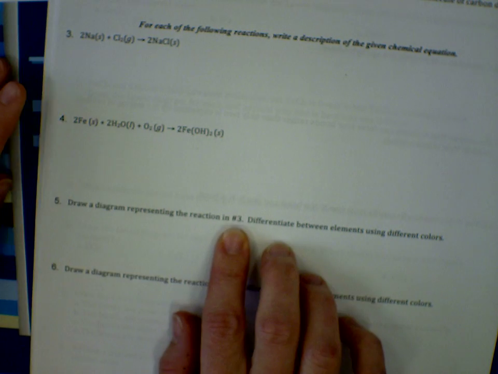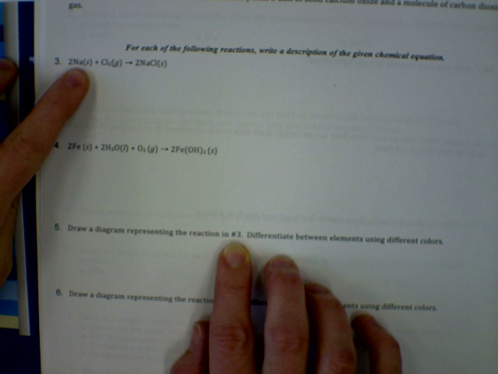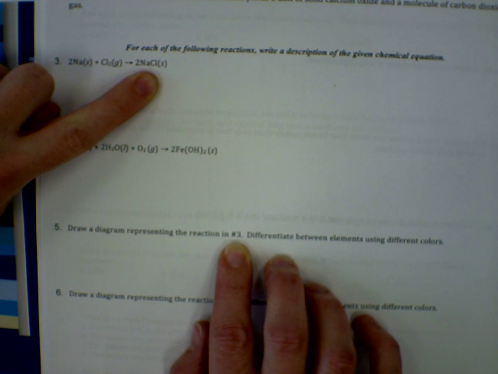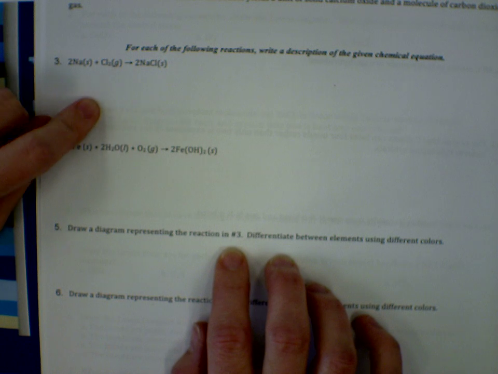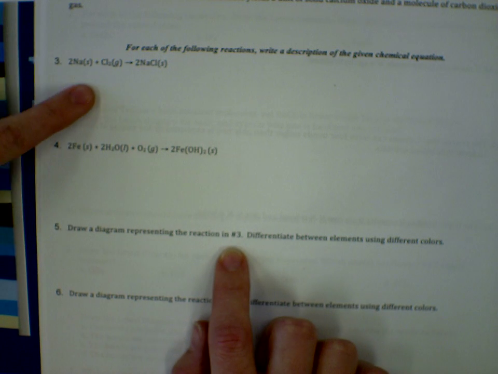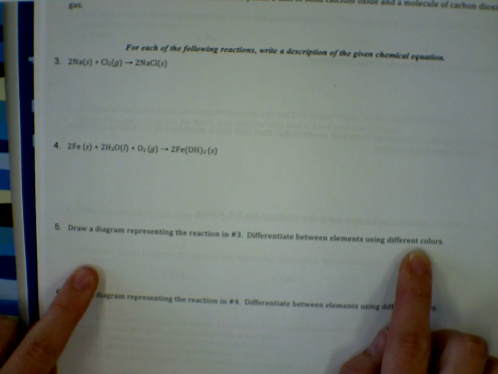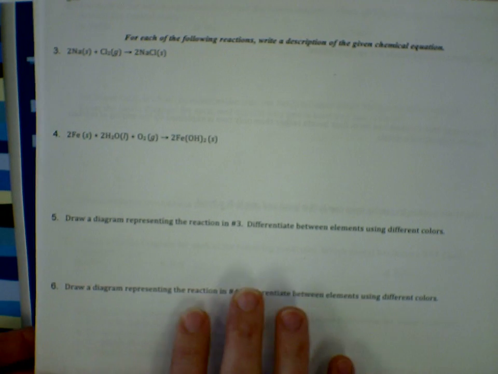So the reaction number 3, we have 2 sodiums plus a chlorine molecule makes 2 sodium chloride units. You're going to use the circles and the colors to depict number 3 reaction. You can differentiate between elements using different colors, different shadings, different shapes. I don't care. Same thing for number 6.